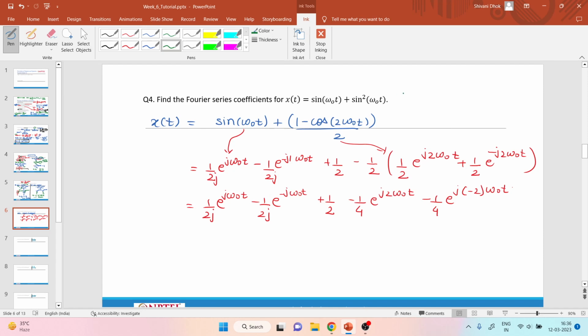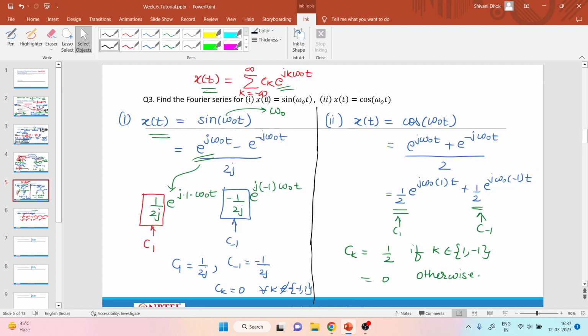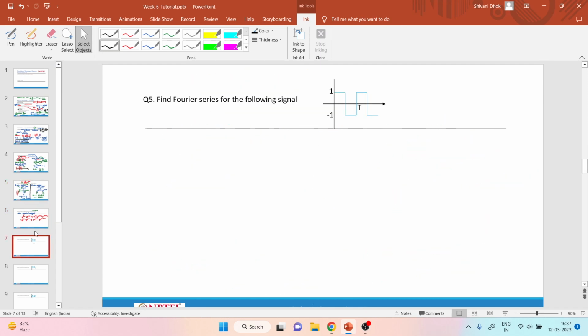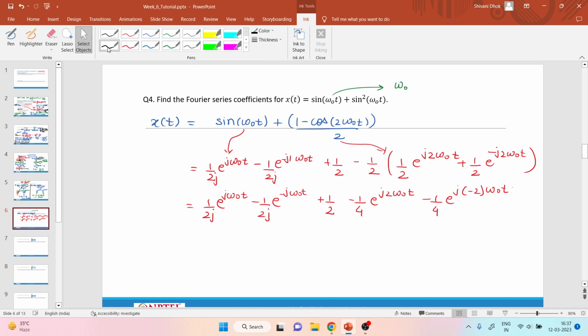Now here, by observation we can see that it has a fundamental frequency of omega naught, because this is the smallest frequency, and the HCF of these two is anyway omega naught. So again, if I compare it with this equation here, I can see that this is my C1.